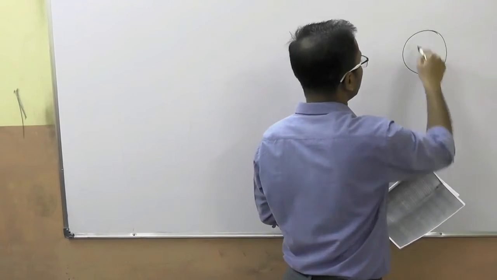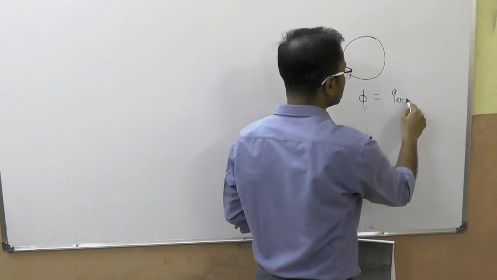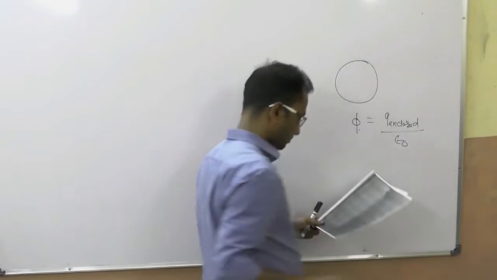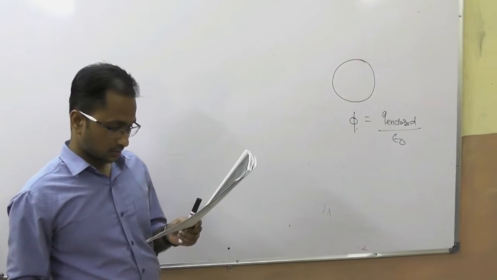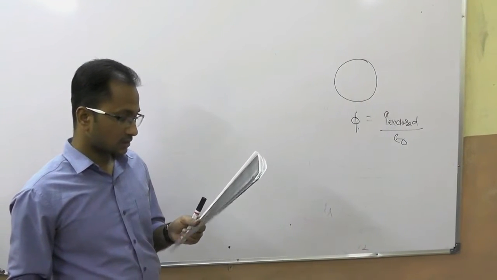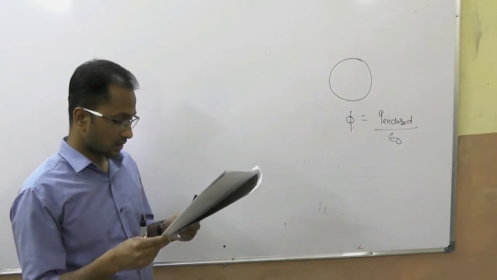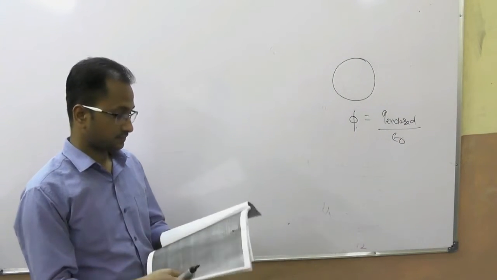Through a closed surface, net flux is equal to charge enclosed divided by epsilon naught. No net charge is enclosed by the surface. This is the correct statement. So option A is correct.